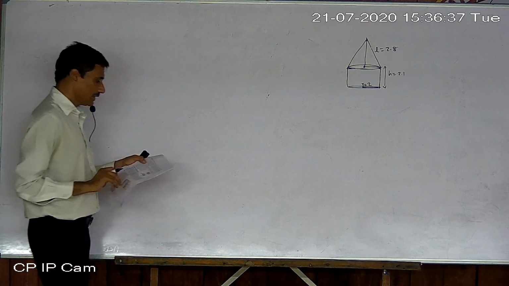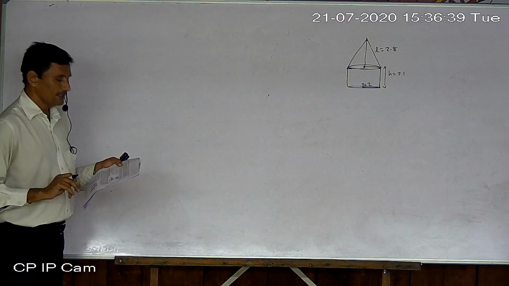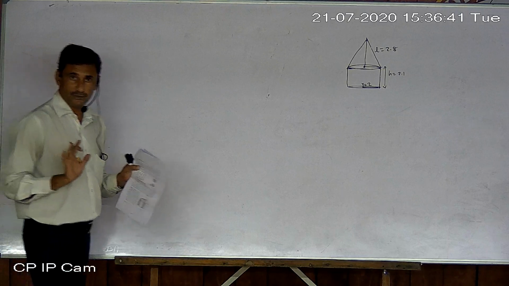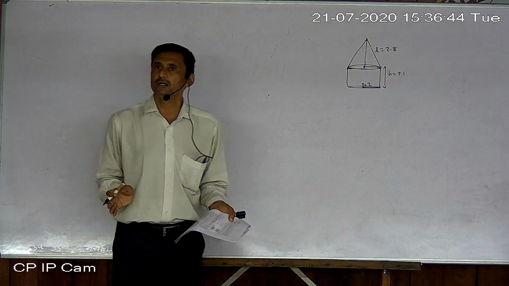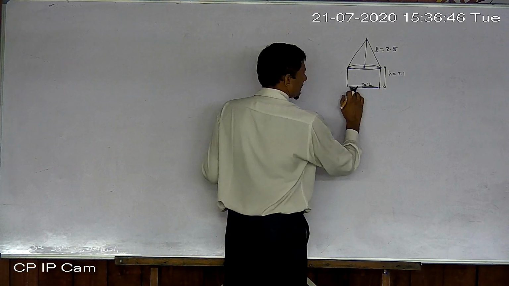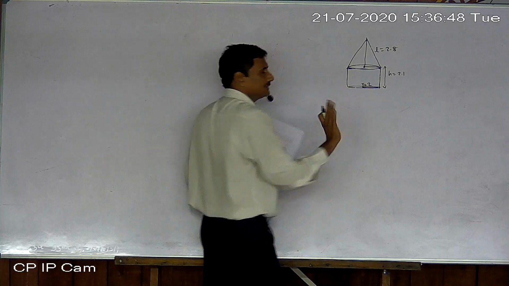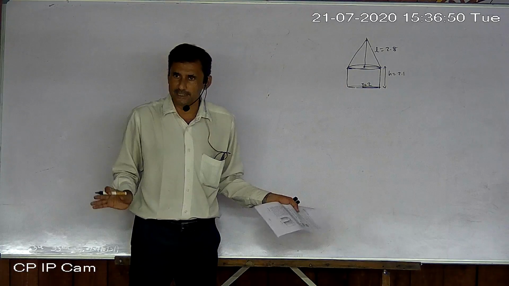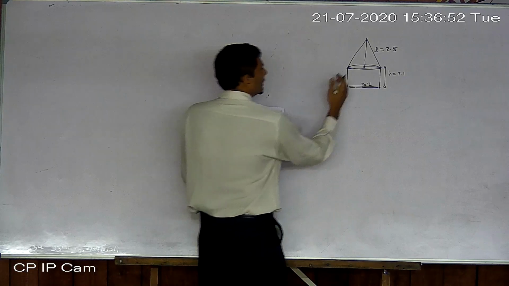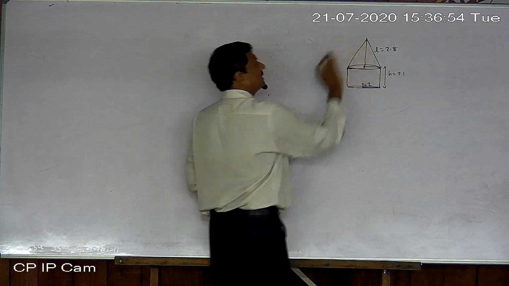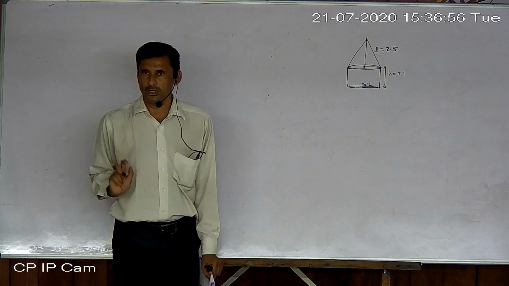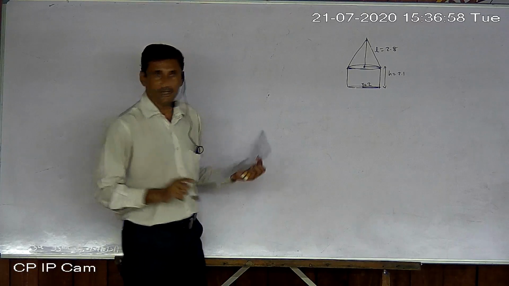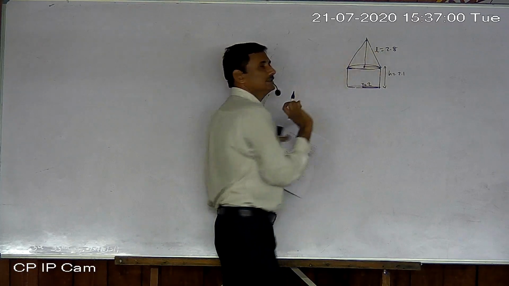Find the area of the canvas used for making the tent. Area of canvas used is what? Area. So what area? Here in bottom nothing is there. In bottom only ground is. Okay. So you have to include curved surface area of cylinder and curved surface area of cone. And here one positive point is that slant height is given.